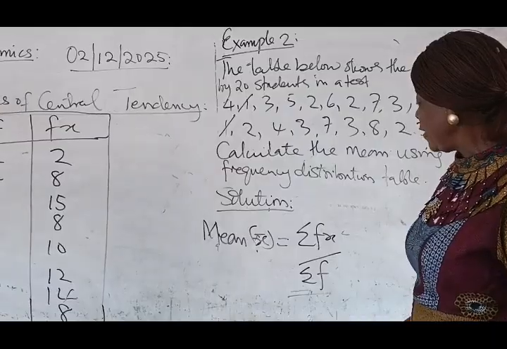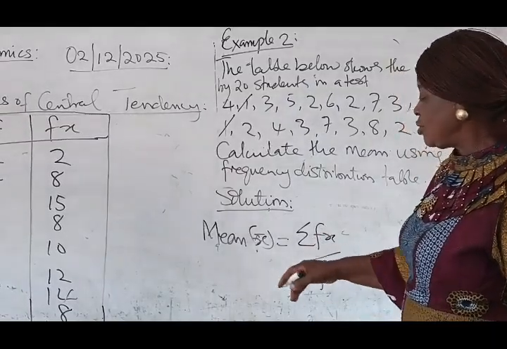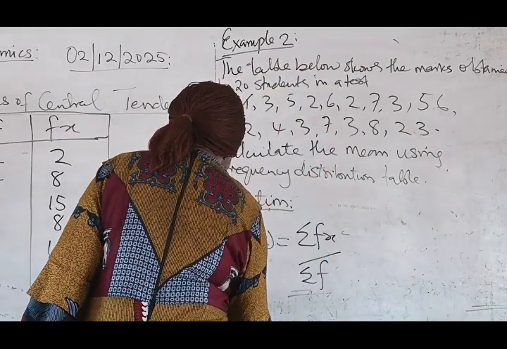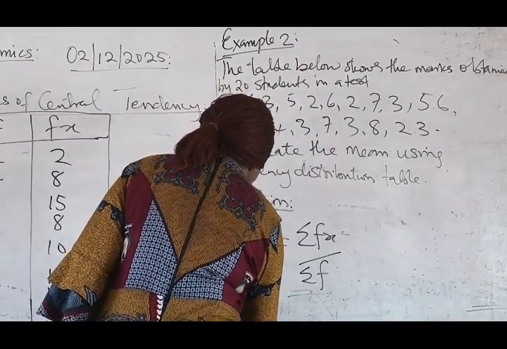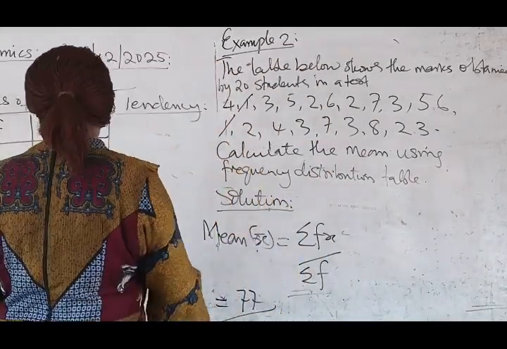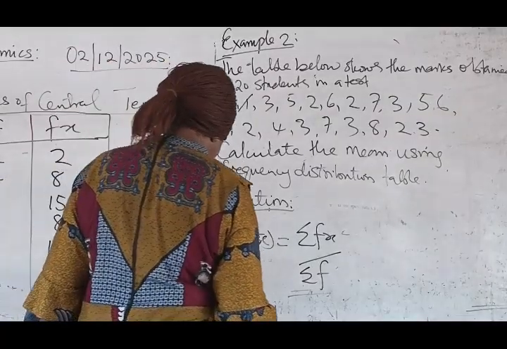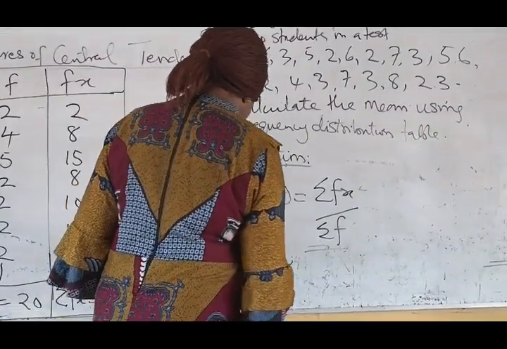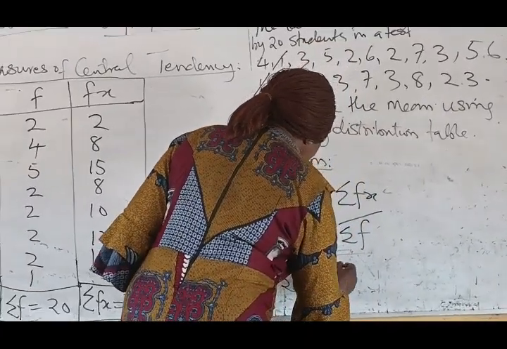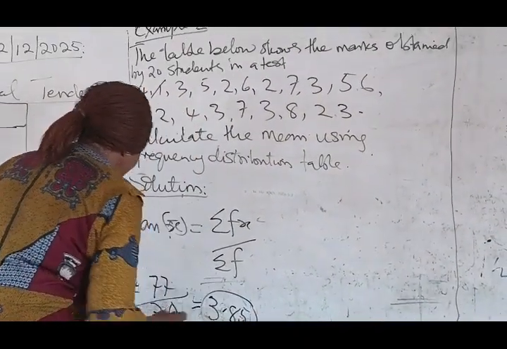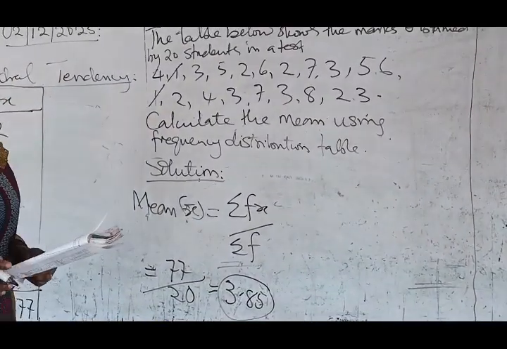Our summation f of x is 77, over our summation f, which is 20. When you divide, you have 3.85. So this is the mean of this distribution.